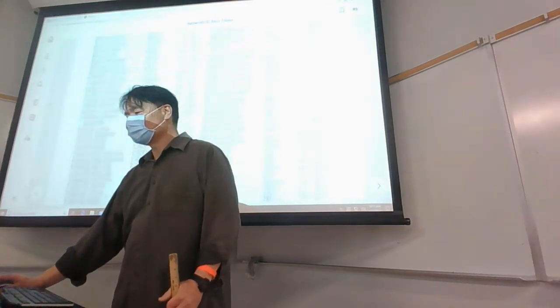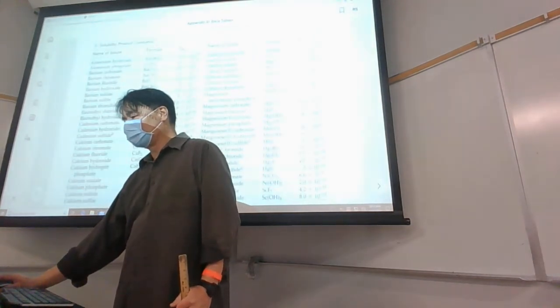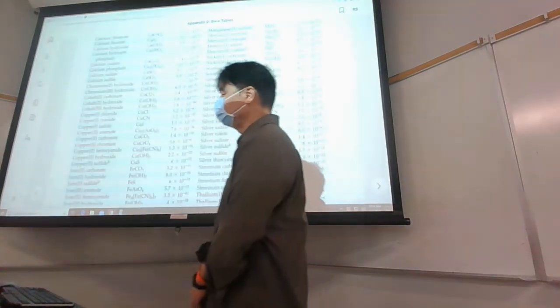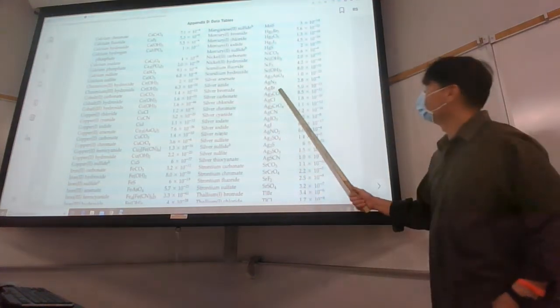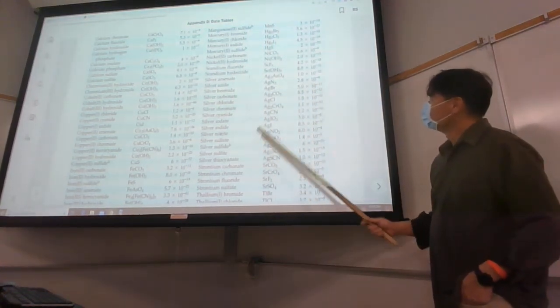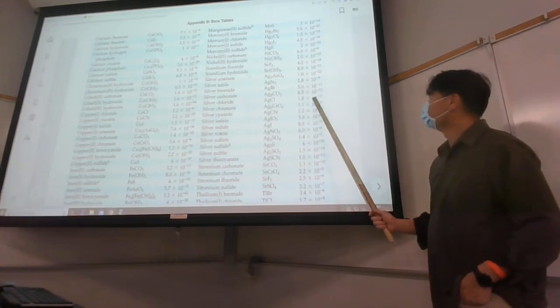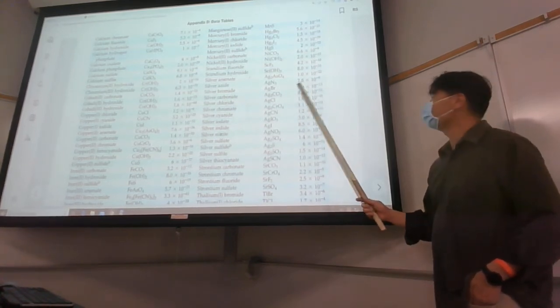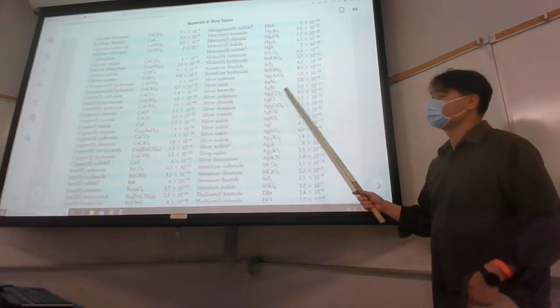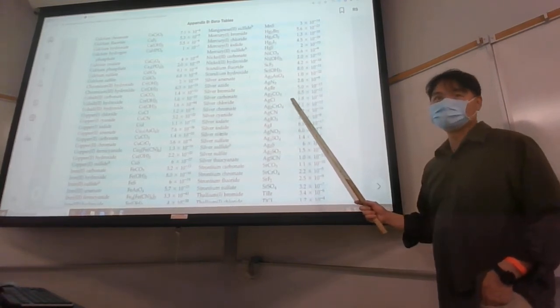Likewise, we could try to separate bromide from chloride. In fact, separating bromide from chloride, we could try silver. So silver bromide is 10 to the minus 13. Silver chloride is 10 to the minus 10. That's cutting it close. In fact, when we do the calculation for chloride and bromide, we get like 80%.